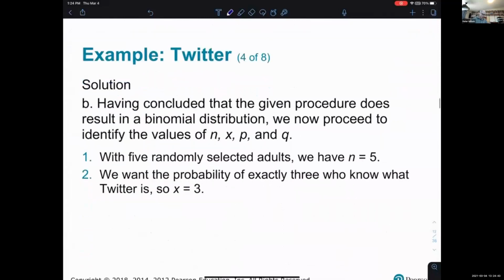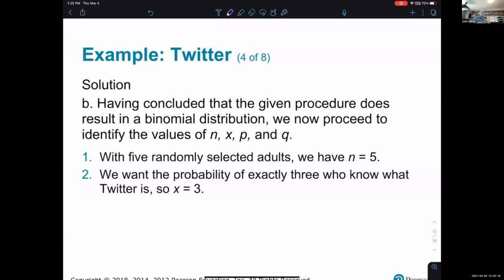All right, so number 2, having concluded that the given procedure does result in a binomial distribution, we now proceed to identify the values of n, x, p, and q. We just have to know what those things were defined to be. So as it says, number 1, n was the number of trials, which in this case is 5. We are asking 5 people if they know what Twitter is. X will be how many people said they did out of the 5. So X is a number, 0, 1, 2, 3, 4, 5. That's a variable.